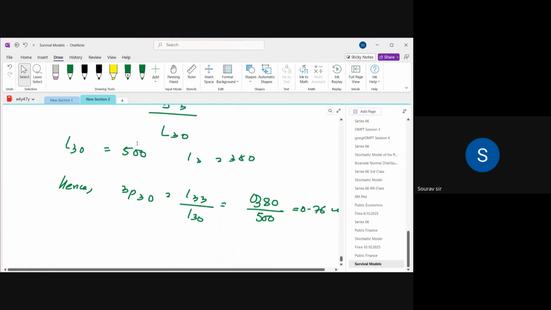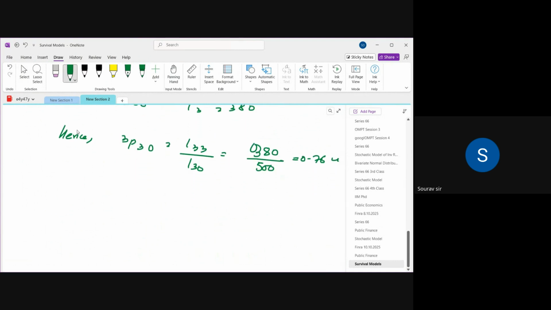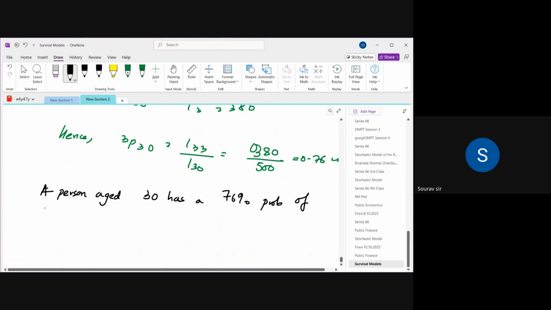So here a person aged 30 has a 76% probability of surviving for the next 3 years.